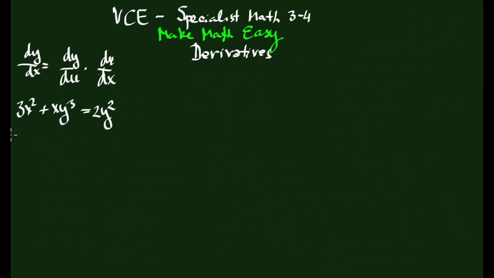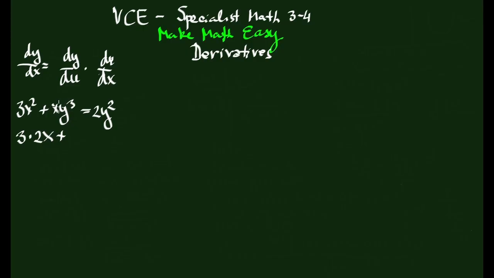So now let's differentiate with respect to x the first one, so it will be 3 times 2 times x, and then plus. Differentiating the second one in regards to x will be the chain rule because it's a product.